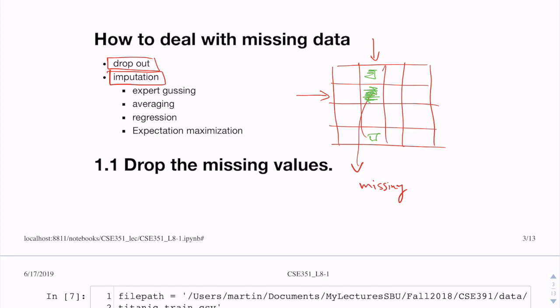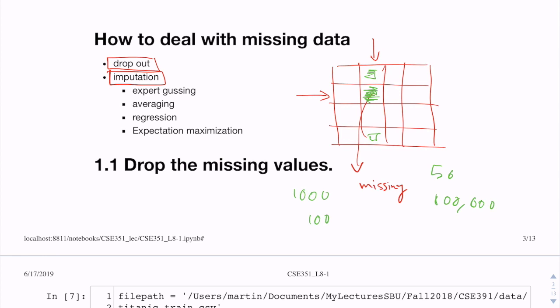If you find out that for only 50 samples we have missing values, it's recommended to ignore those 50 samples, because 50 compared to 100,000 is a small number. But if you have, let's say, 1,000 samples and 100 are missing, then we don't recommend removing all 100 rows. As I said, data are valuable. We want to keep as much information in our data as possible. So this is where we use dropout.